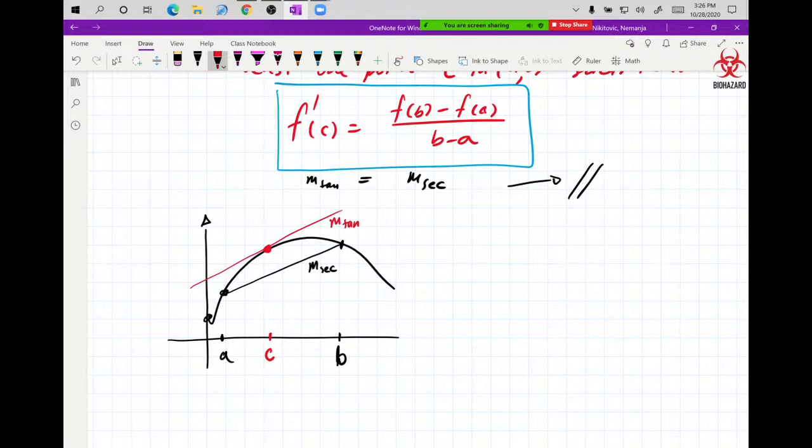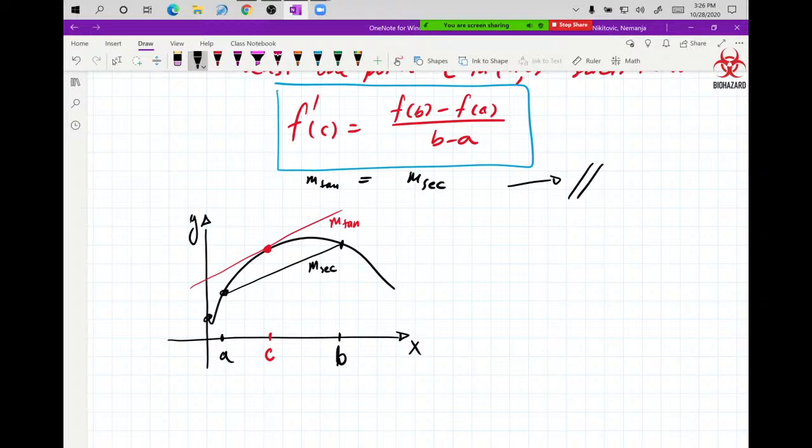And we see that that happens at least once. So now that hopefully makes sense graphically when you are thinking about slopes, where one is the average change and the other one is instantaneous change.